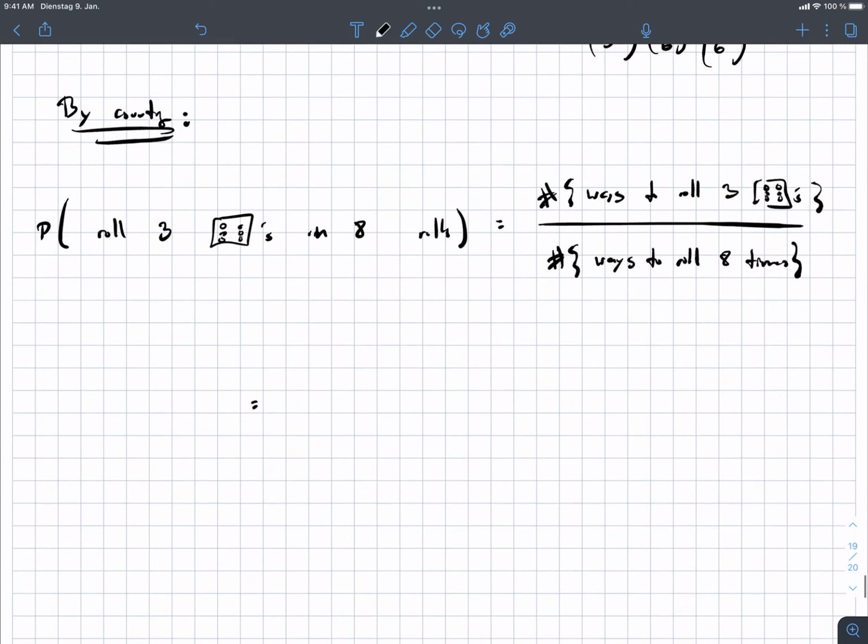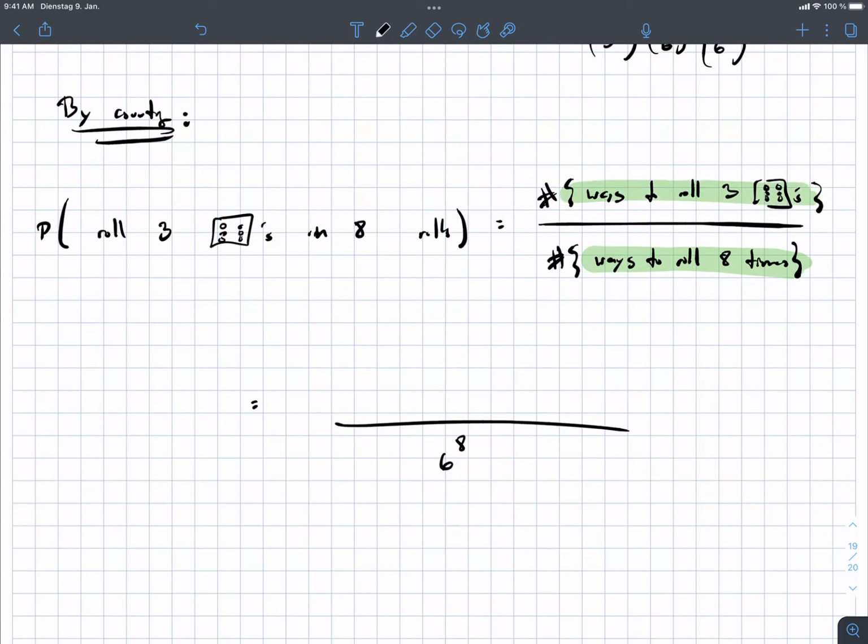In the denominator, how many sequences of rolls could we have? There's 6 possibilities to the power 8, so it's like I'm sampling from 1 through 6 with replacement 8 times. And then the ways to roll 3 6s.